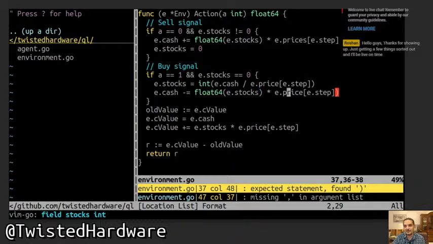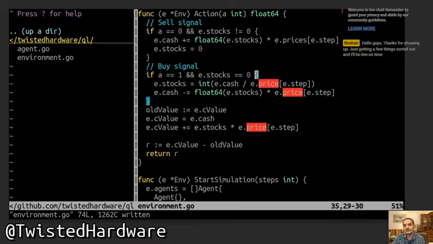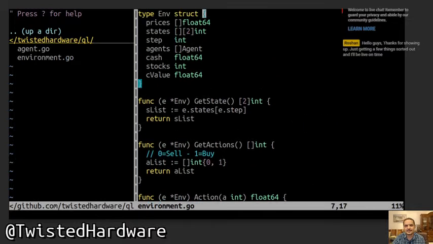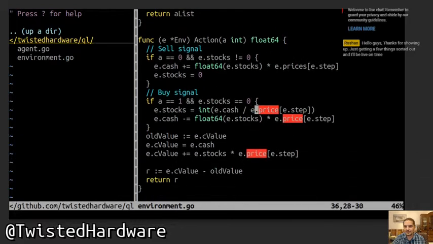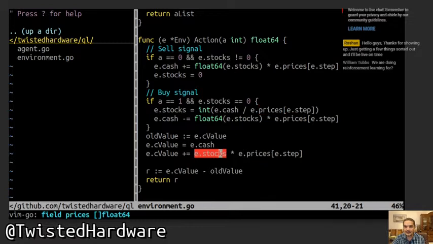And I think we are not done yet. Let me just delete this. I think it's called prices, is it? Yeah, it's called prices. That's why everything is red. Prices, prices, and prices. And this also needs to be fixed. I'll just do float 64. Cool.